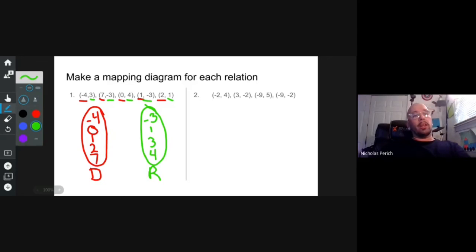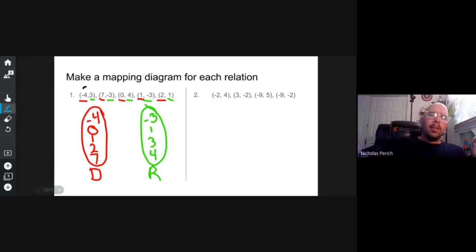Now this is what I do. If you saw in the video, I put all these arrows going all over the place. What does that mean? If my point -4 goes to 3, I'm going to put an arrow from -4 to 3.